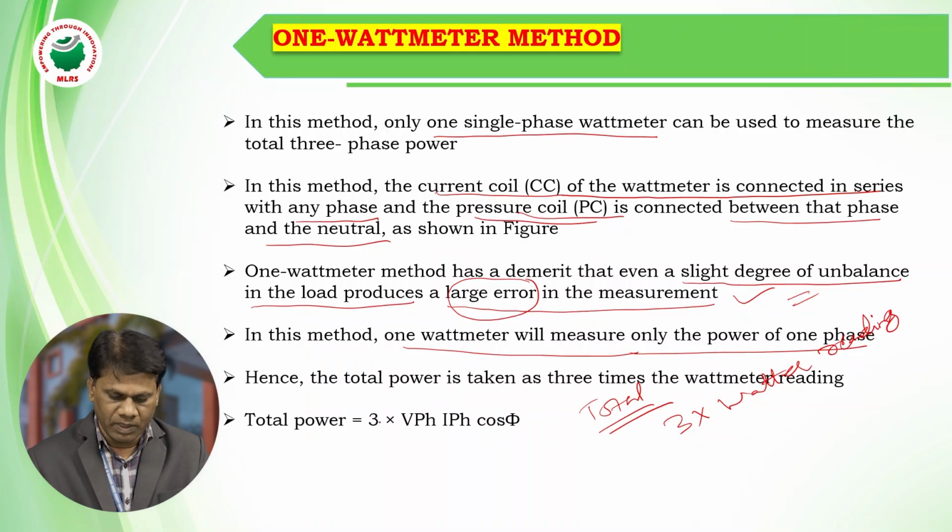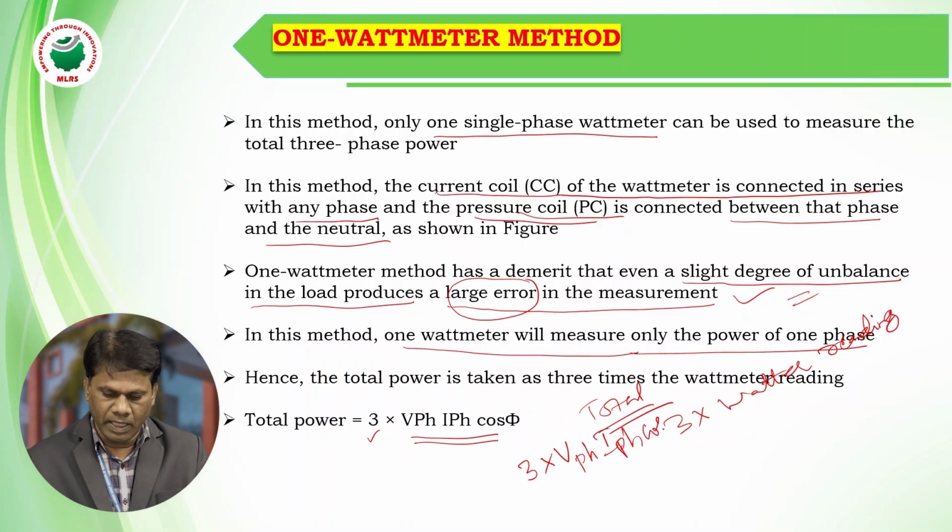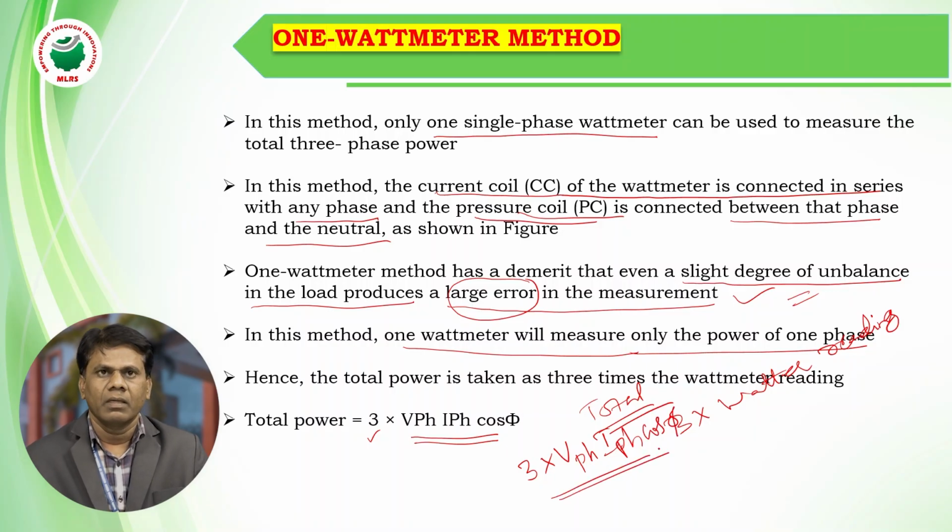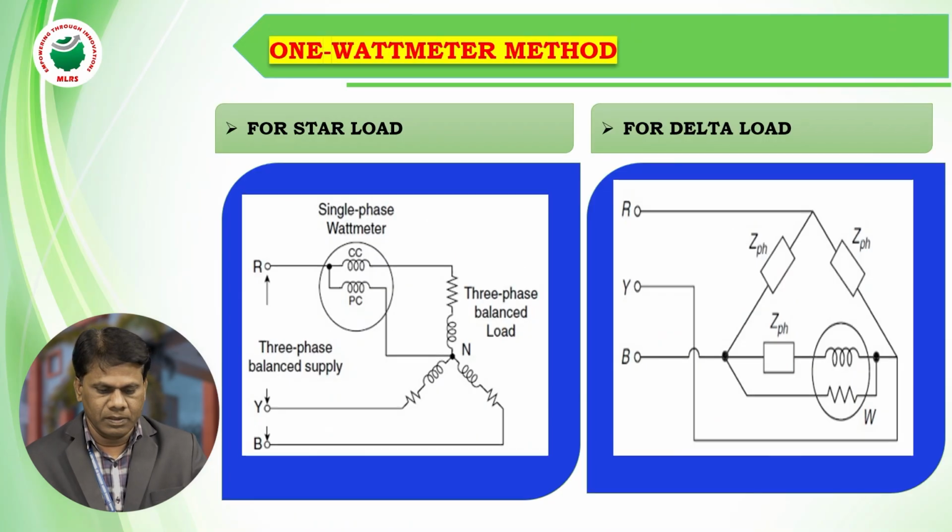The total power is given by 3 times the power in any one phase of a three-phase circuit, that is 3 times phase voltage into current into cosine of the angle between voltage and current. This will give the total three-phase power.